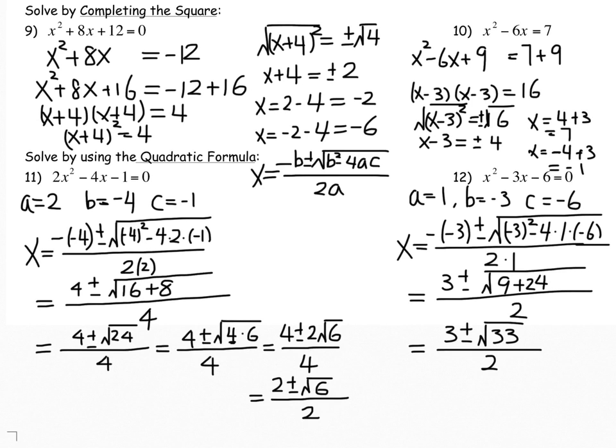And 33, there are no more perfect square numbers. So that should be our final answer. X equals 3 plus or minus the square root of 33 over 2. Again, once you've identified the value for A, B, C parameter values, all you have to do with quadratic formula is plug it in.